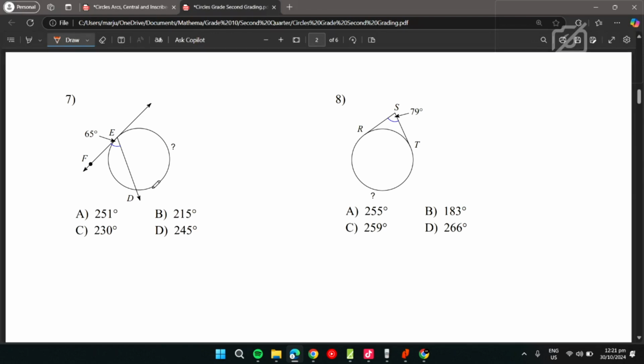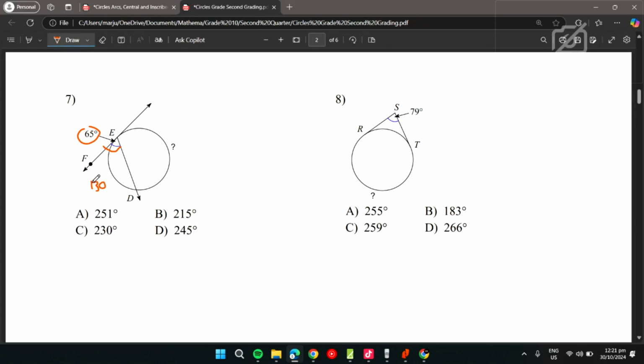Alright, now again, this somewhat looks complicated. Pero again, remember, pag meron kang chord dyan, tapos meron kang tangent, the same thing pa rin, no? Yung measurement na yan is 1/2 of this arc. So if this is 65, this is 130.